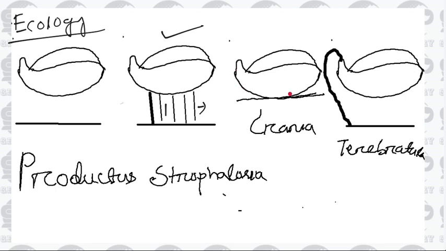Sometimes one valve is attached to a substratum, as in Crania. Sometimes they are attached by a pedicle, for example Terebratula. And some forms are free swimming, for example Prodoctus.